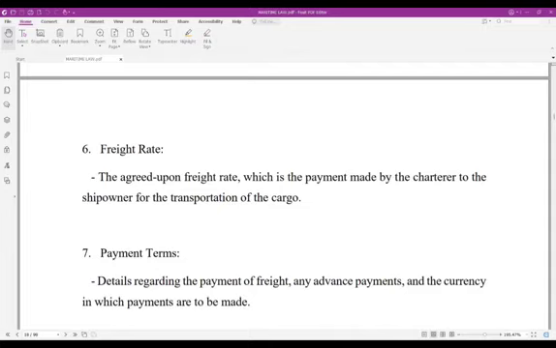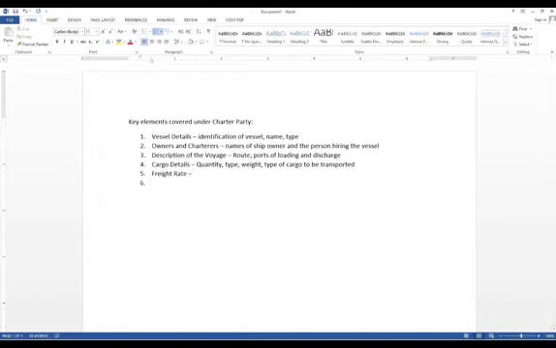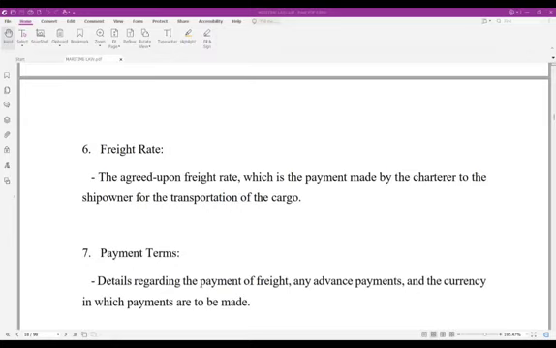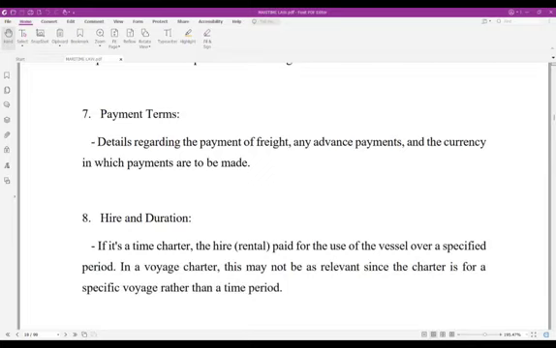We also have the payment terms. The payment terms provide details regarding the payment of freight, any advance payments, and the currency in which payments are to be made.